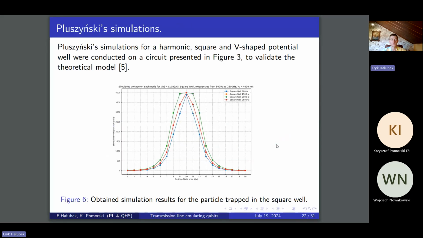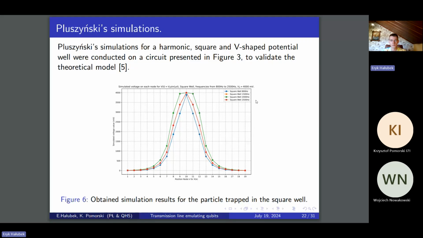Okay, so here we can see simulation results for this type of circuit. On the horizontal axis we can see the node number, and then the value of the peak-to-peak simulated voltage of the sine wave for different frequencies.